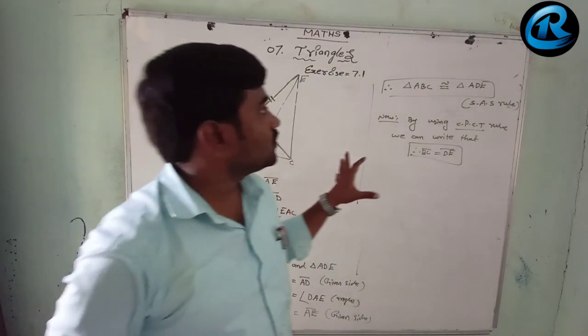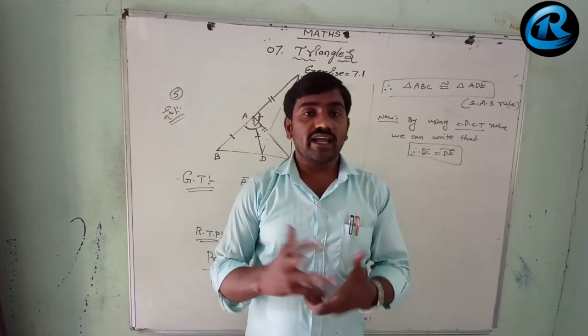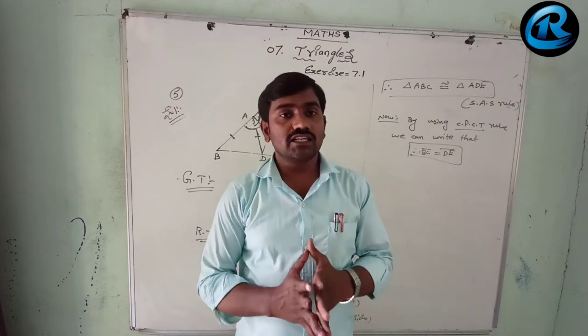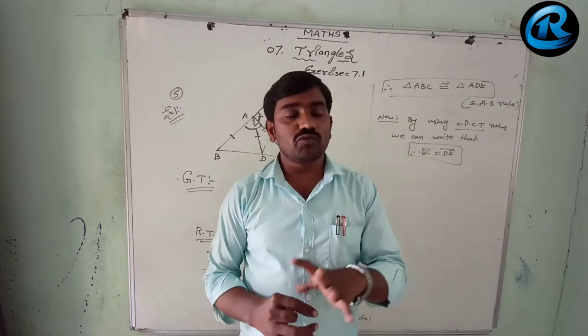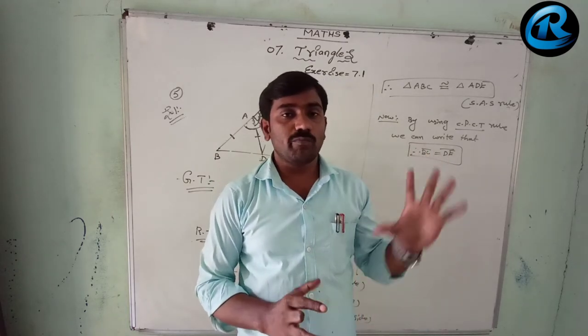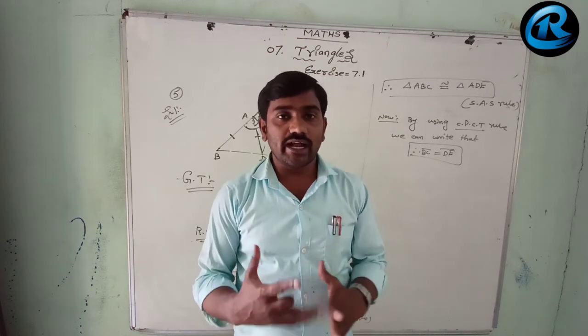I hope you understood the little introduction about this 7.1 exercise and the triangles chapter. Here is the first problem of the 5 problems of 7.1. Keep on practicing this and you get an idea.